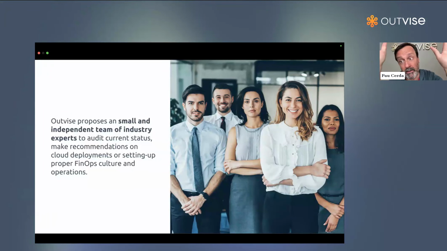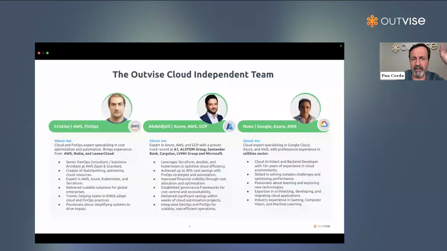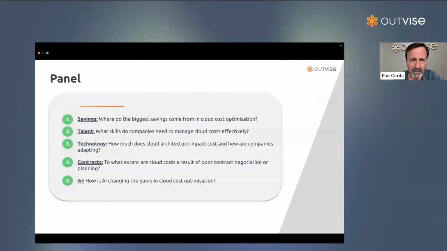This is what we propose. This independent team, you already saw it. Basically, it's Nuno, it's Cristian, it's Abdeldjalil, and now I would propose to start discussing with them, right?